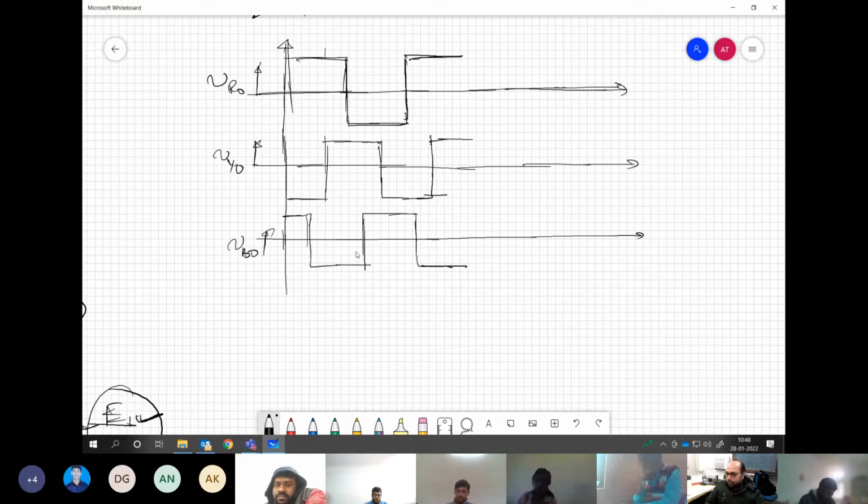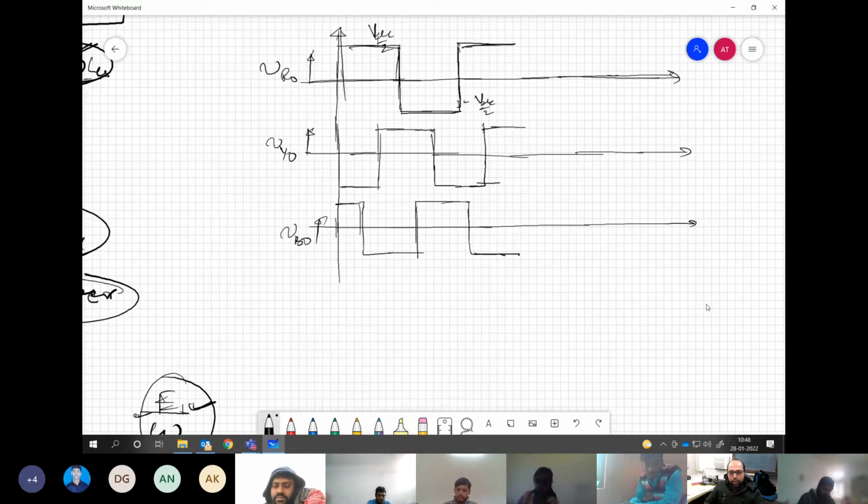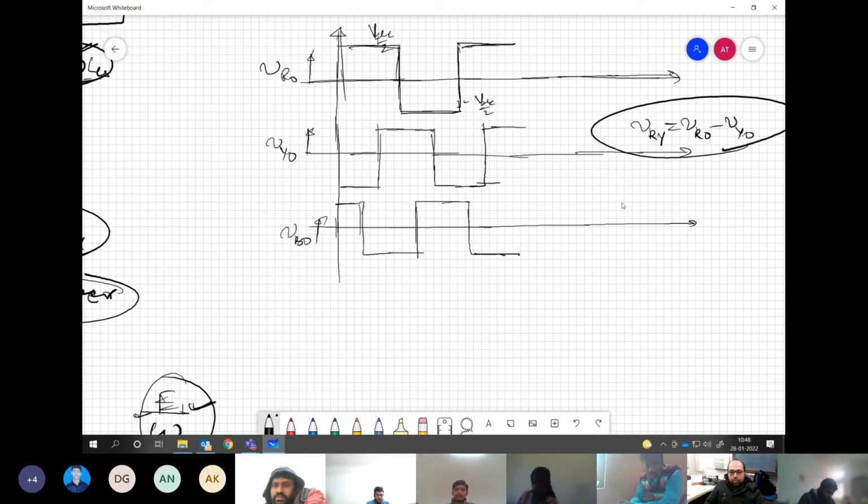See this point? Each level is VDC by 2 minus VDC by 2. Simple operation I am having. So now, if you take out the line-to-line voltage, what will happen? You are doing VRY as VRO minus VYO.